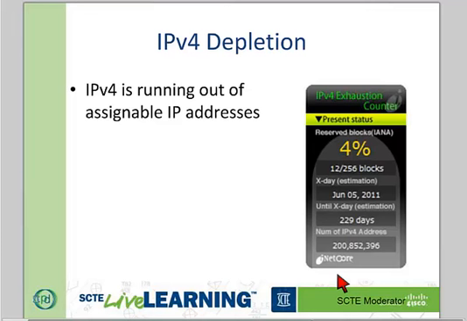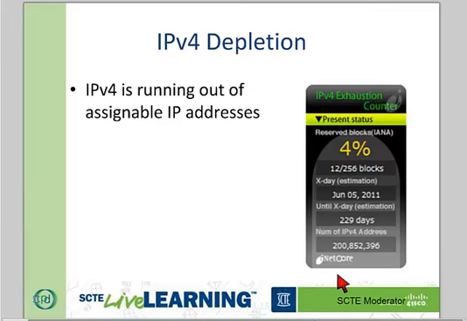Now, since this slide deck has been created, we are actually lower than that. There are 11 blocks now instead of 12, and we are running out around March 12th. This is the Internet Assigned Numbers Authority. It is going to run out on March 12th of 2011, so this is right around the corner. What's the big deal about IANA running out?